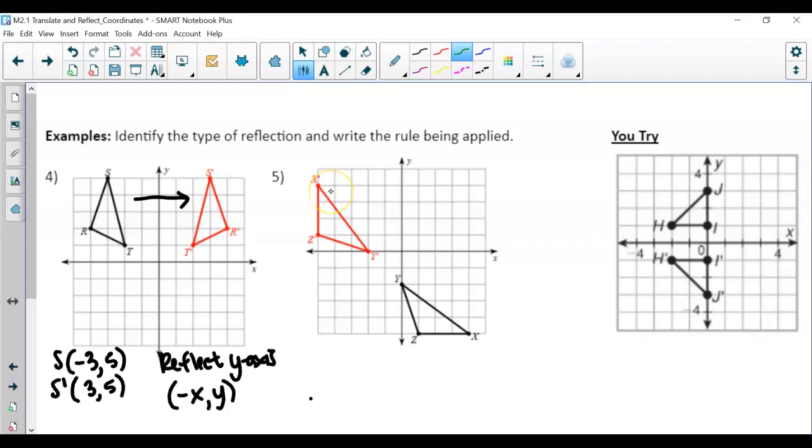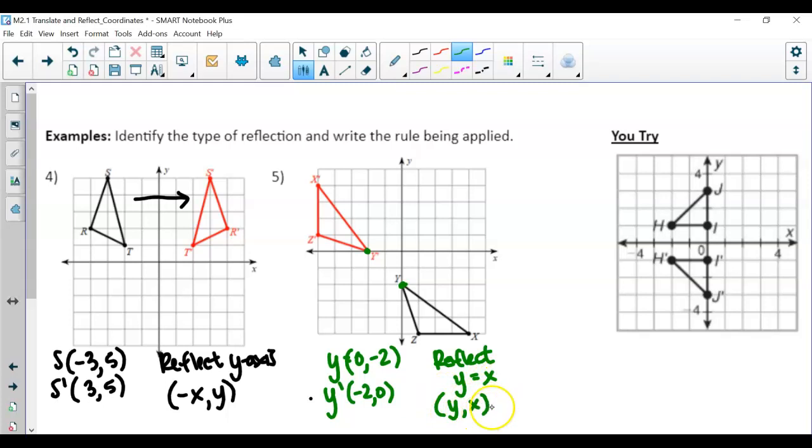So like here, I've got, let's say Y. Y is at (0, -2). Then Y prime is now at (-2, 0). So what happened? We just switched the coordinates.